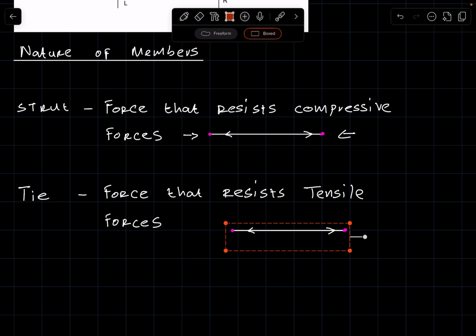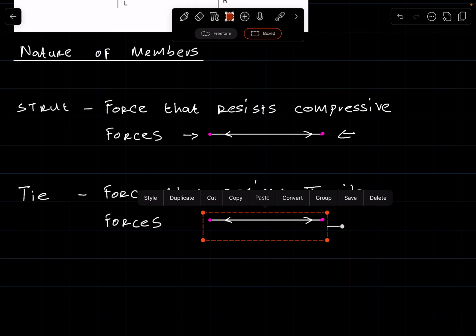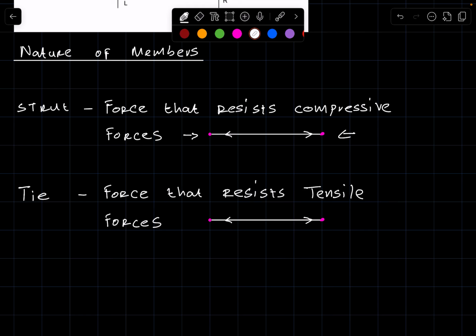It resists tensile forces, which would be forces that tend to expand a member in this direction.